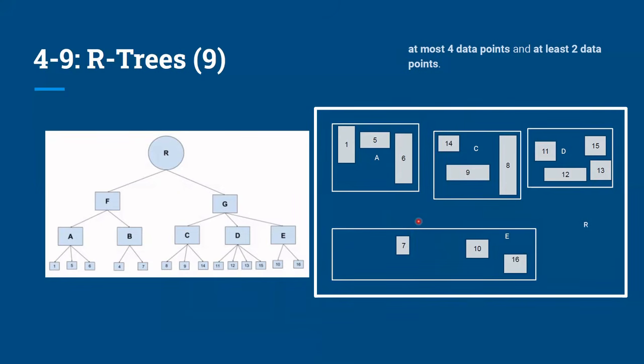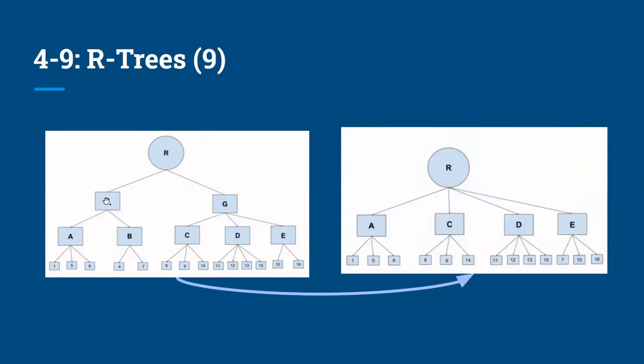Makes sense. All good. Then what? Just have the root right there, and that would be R. How would the adjustments look in our tree diagram? Well, easy. F and G have been deleted. Why? Because you've got a B, and we removed the 4 from there. So we've got only 1 point there, and that doesn't work.